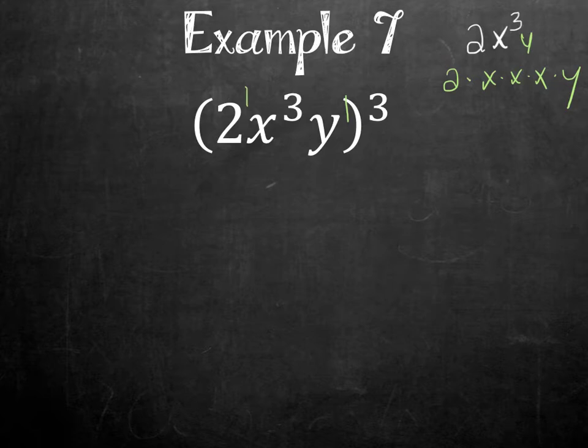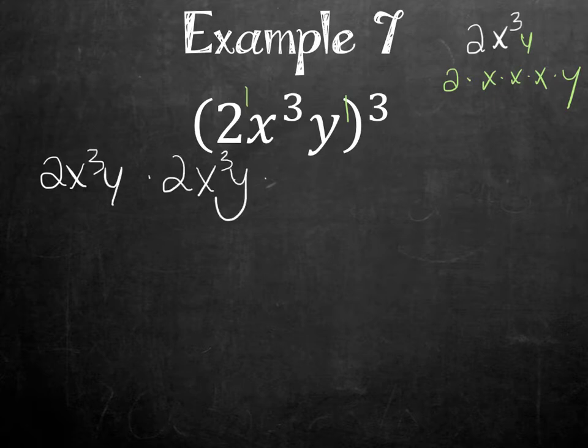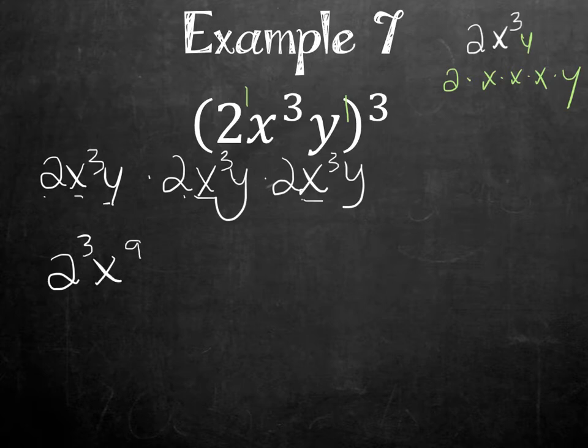Now the shortcut to this is you're essentially going to distribute. I'll write it out in expanded form, but you don't have to do that. This is really saying use 2x cubed 3 times. So if you look at what I've got, 1, 2, 3 factors of 2, 3, 6, 9 factors of x, and 1, 2, 3 factors of y.